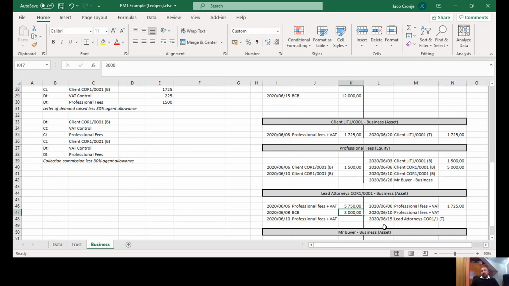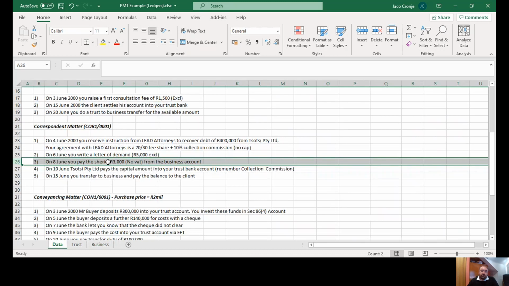So if there's monies that I pay on behalf of this matter, I will recover the full amount. So I'm not going to have a credit entry for that to say, no, but you can leave 30% of that for you. I want to recover the full amount of the monies that I spend to get this matter sorted out. Okay, so that's simple. It goes out of my bank and I debit my client's business ledger to show that you owe me the money.